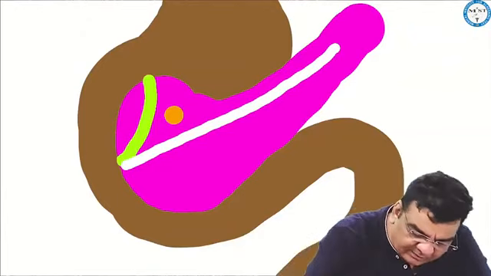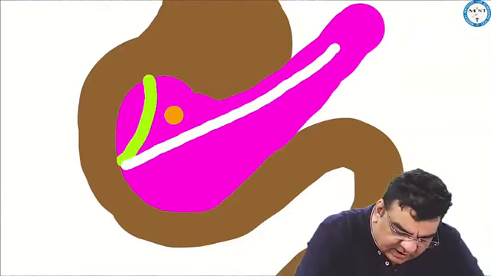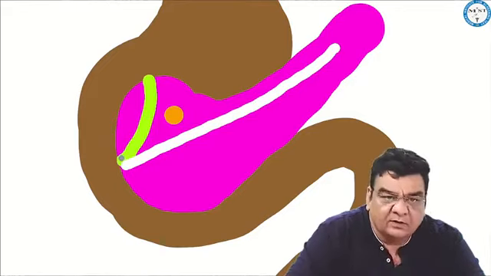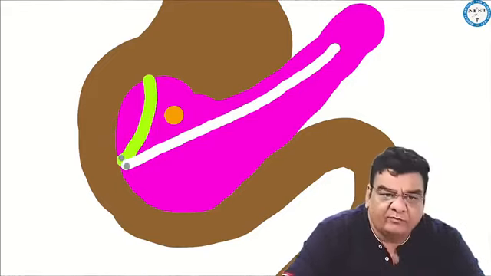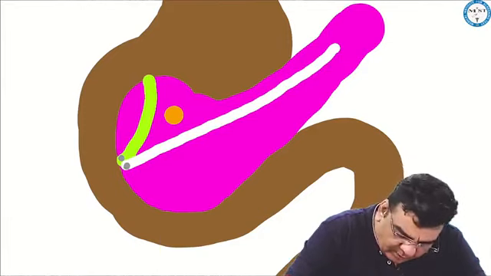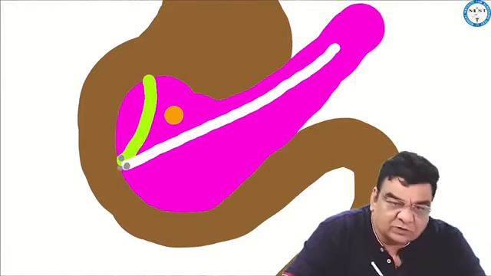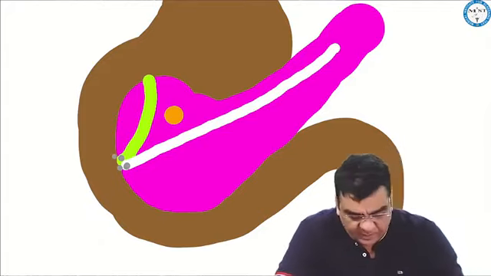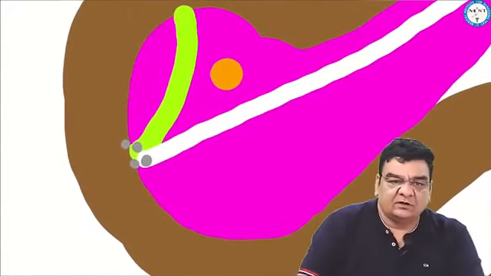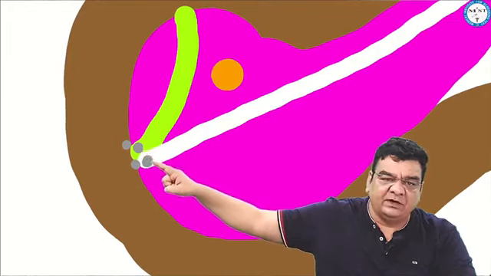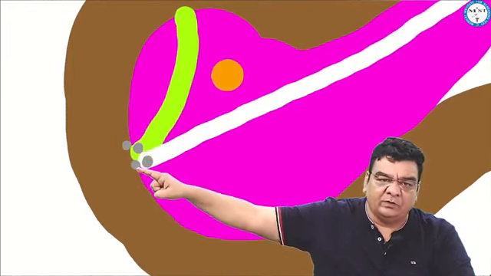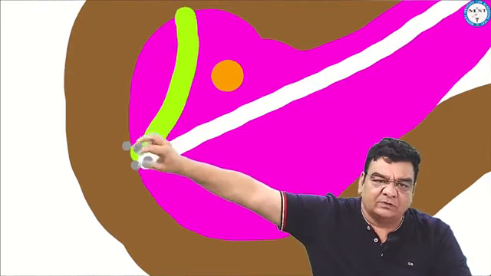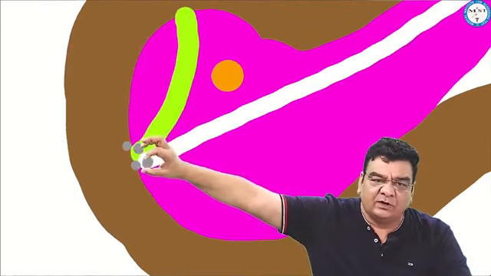For example, there may be a malignancy arising from the terminal part of common bile duct, or the terminal part of pancreatic duct, or the ampullary mucosa, or the duodenal mucosa close to the ampulla. These are called periampullary carcinoma.